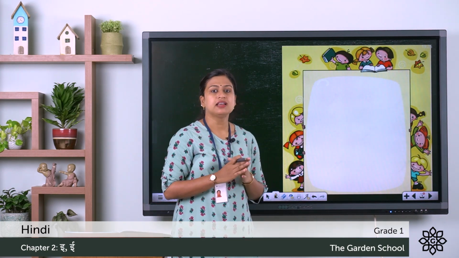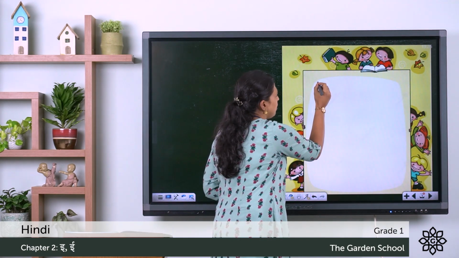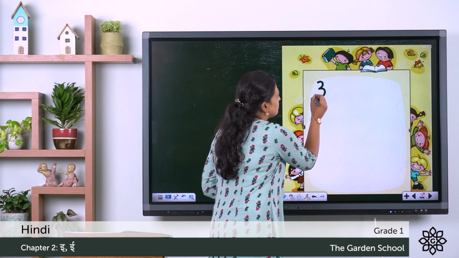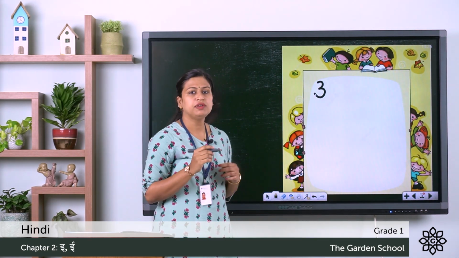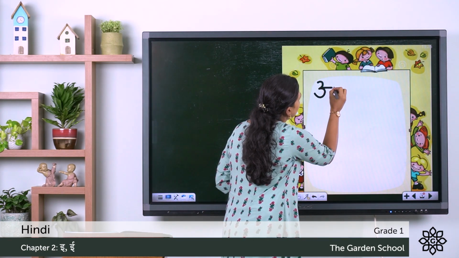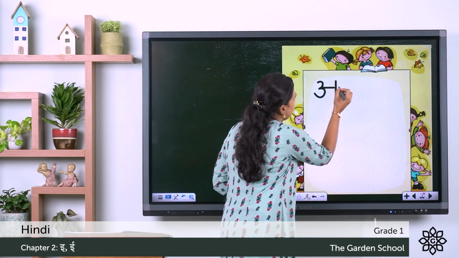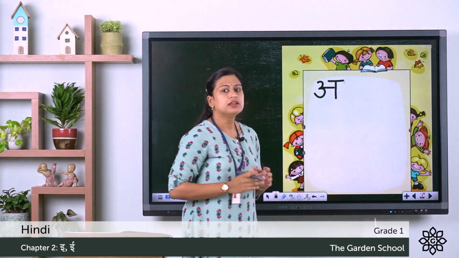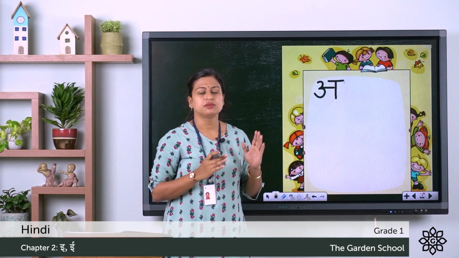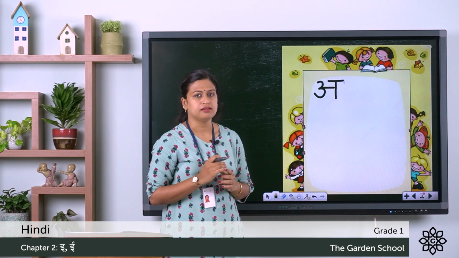For writing A, we write 3, and from this middle point a sleeping line, a standing line, and on the top a sleeping line. This is the first Swarakshar.